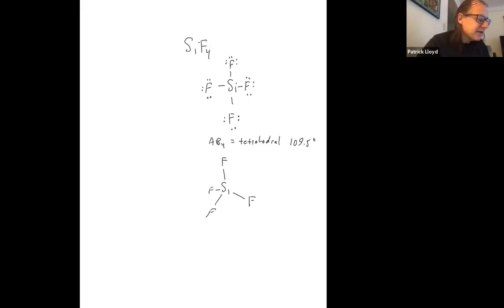Step 3, so 1 is Lewis, 2 is shape, 3 is electronegativity differences, right? So silicon is 1.8, or is it 2.1? I'm sorry, it's 2.1. And then fluorine is 4.0. That's a big difference, right? So that's polar, okay? So each bond is polar.